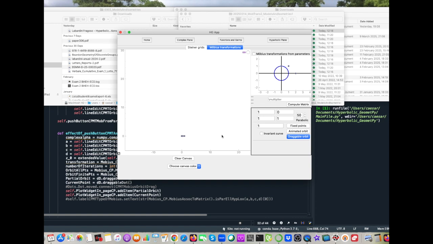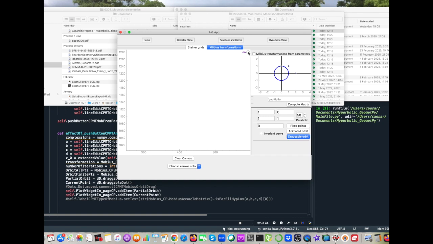You see, there's a little thing here, which if you zoom out, stays there, and it's supposed to be the point at infinity.